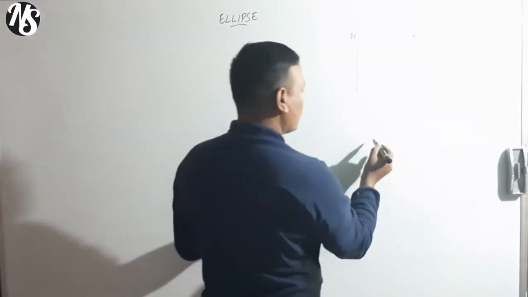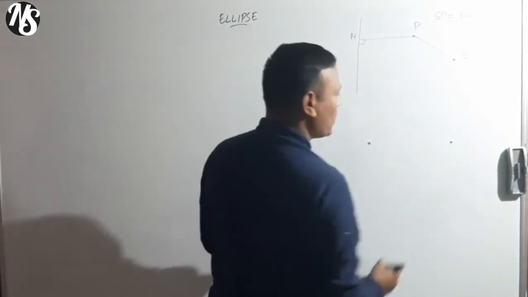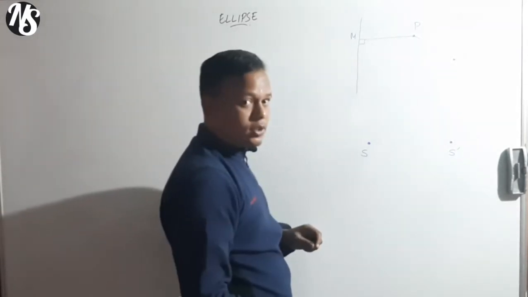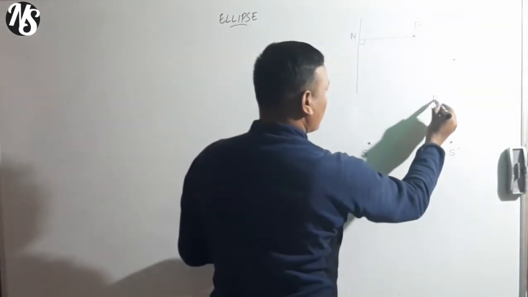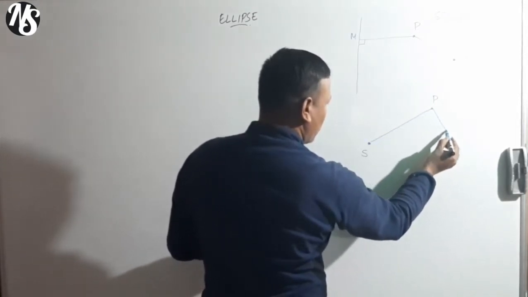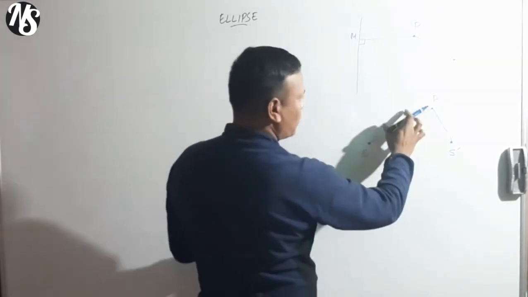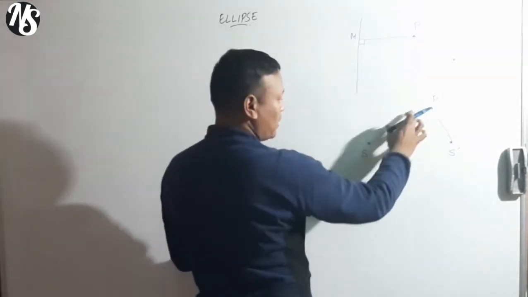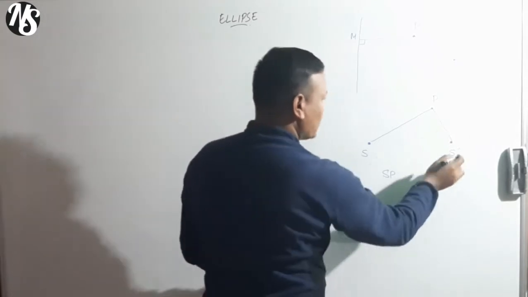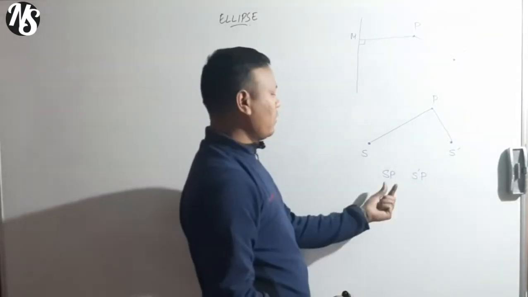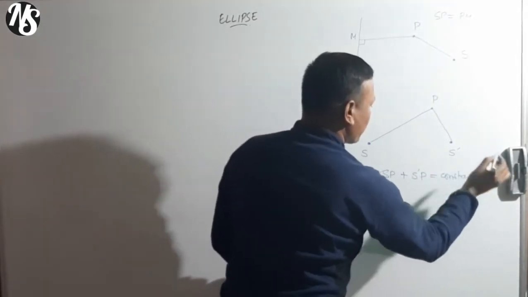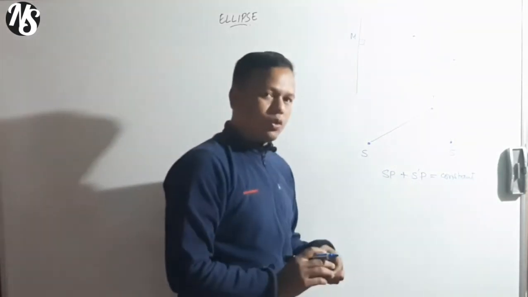If I call this S and this S dash, and P is a moving point, then the distance SP and S dash P, the sum of these two distances, will always be constant. This is the definition of your ellipse.